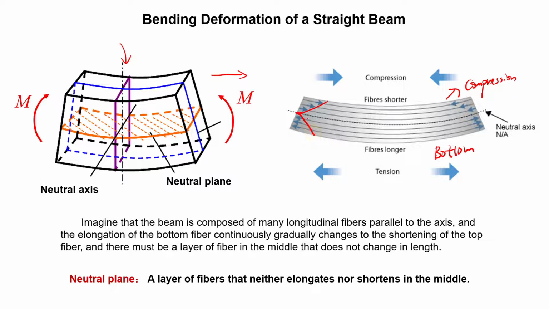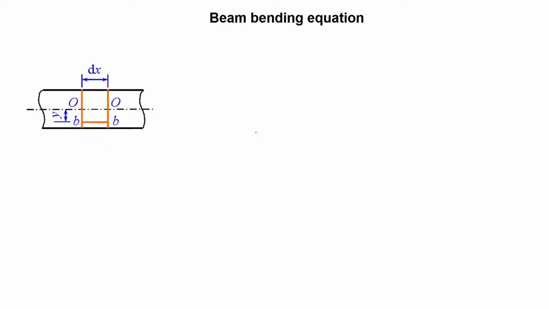So that's why we will always have a neutral axis or neutral plane where the fibers neither elongate nor shorten, right? Having this kind of understanding will help you understand how we can derive the bending equations.